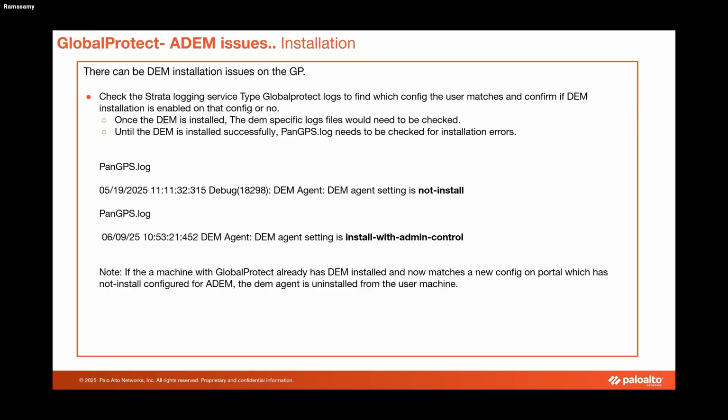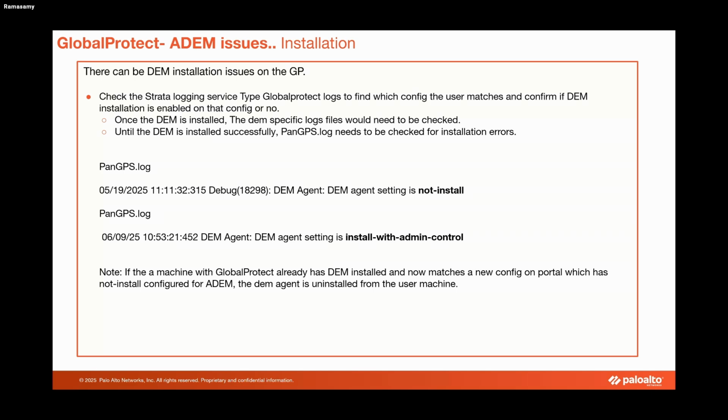If ADEM is not installed, check the pangps.log for installation errors. If ADEM is installed, then the DEM-specific log files need to be checked further to isolate the issue. In this example, we have an ADEM agent not installed.